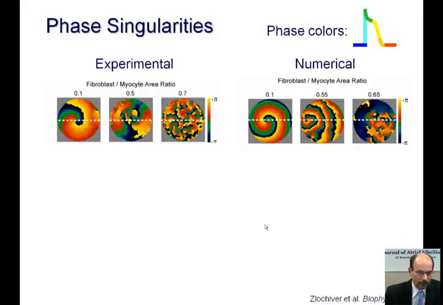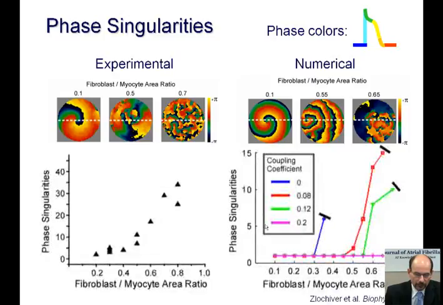So we quantified the number of singularity points in the experiments as a function of fibroblast to myocyte area ratio, and we could see a monotonic increase in the number of singularities, suggesting an increased complexity. When we went to the computer simulations, we see the same trend of increase in the number of singularity points with fibroblast to myocyte area ratio.